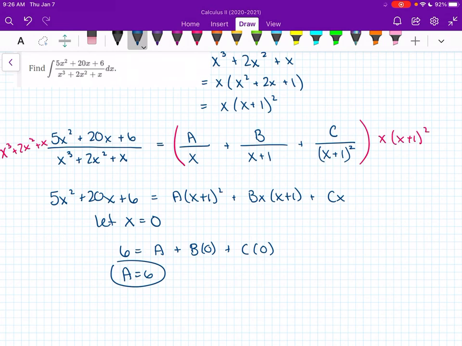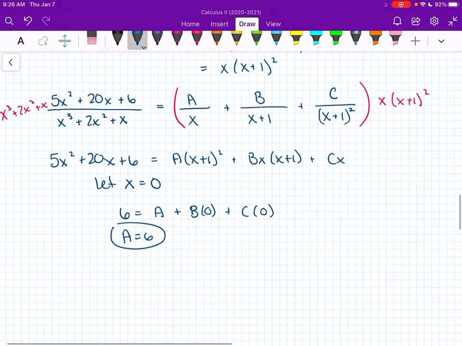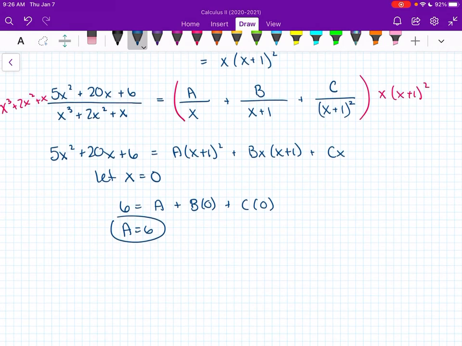And so now I'm going to do the same thing for the other variables. I picked 0 because 0 made this factor go away and this factor go away. Now if I pick a different value for x, I'm going to let x equal -1. When I let x equal -1, that's going to make this go to 0 and this go to 0.